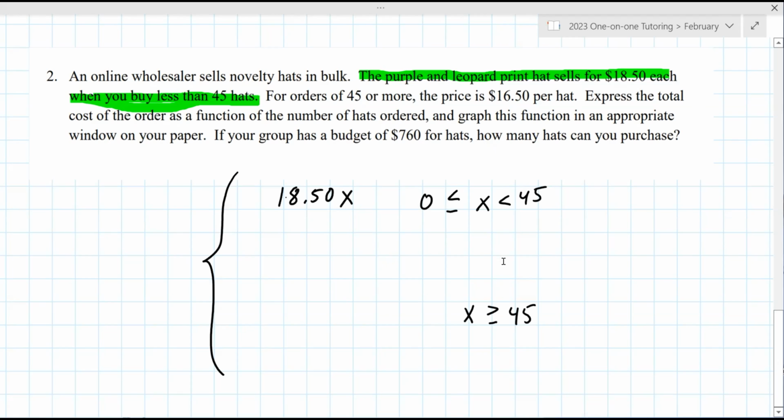So this one's a little awkward though, because you can't buy part of a hat, which is a little weird. So we actually need to figure out how much you would pay. Sorry about that, I'm just trying to process this because I think it actually has to stop at 44 hats.